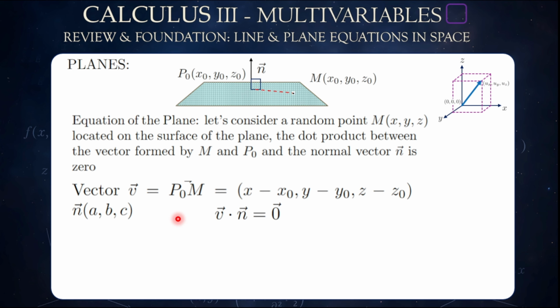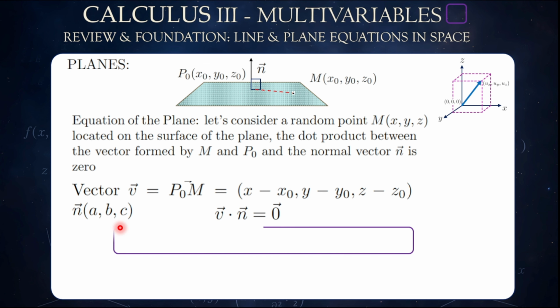Hence, vector P0M, by the way, this is how we get this vector: the vector between 2 points is given by the coordinate of the first minus the coordinate of the second on the 3 axes. So (x minus x0, y minus y0, z minus z0) dot the vector n, which is normal to the plane, is equal to 0.